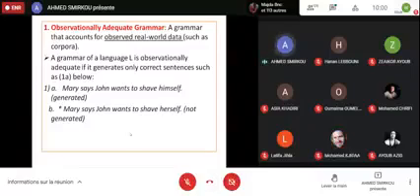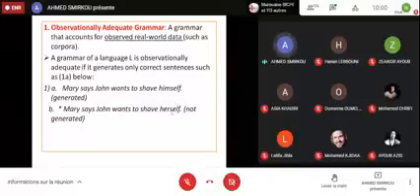And B, Mary says John wants to shave herself. The problem is in herself. So a grammar that is observationally adequate is not able to generate sentence B because it is not correct in terms of the meaning of herself. So a grammar that is observationally adequate considers the correctness of the sentence.